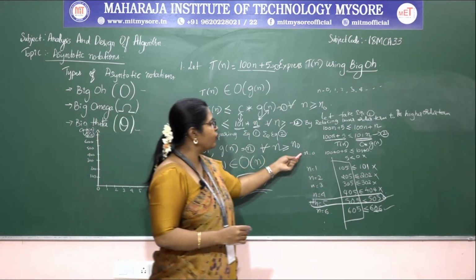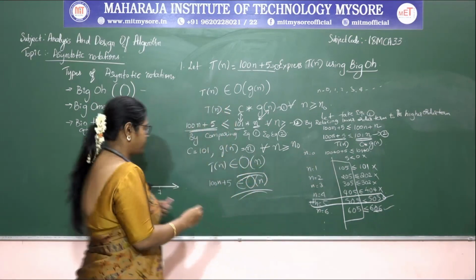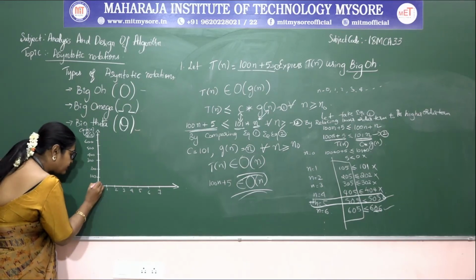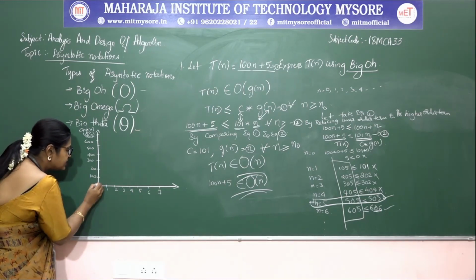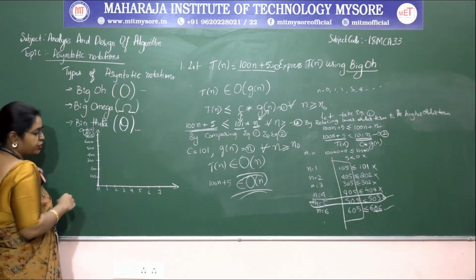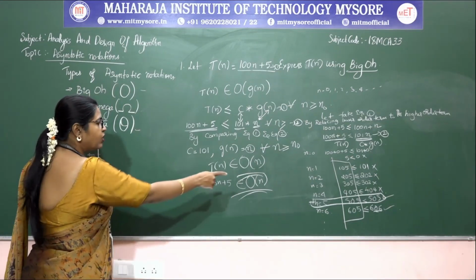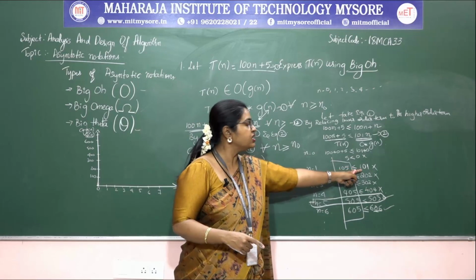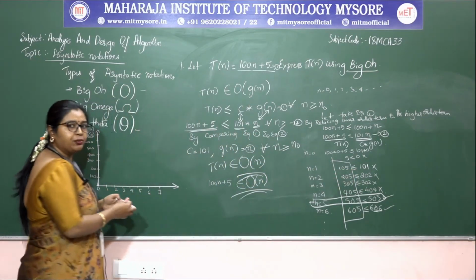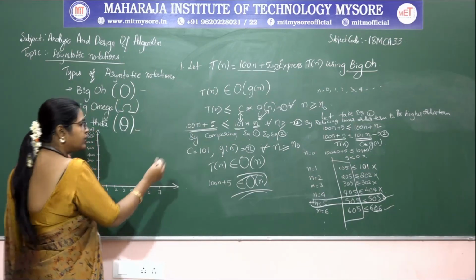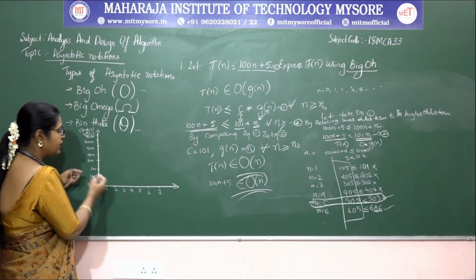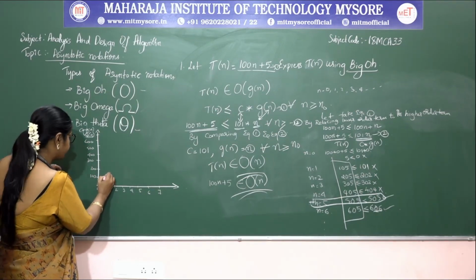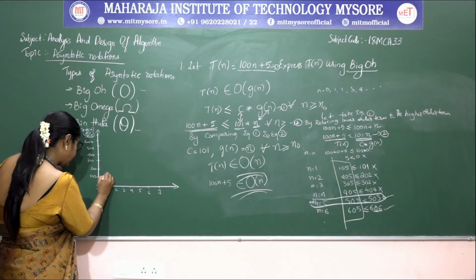First let me take your T of n values. When n is equal to 0, your value is 5, and your G of n is 0. When n is equal to 1, your value is 105, and C into G of n is 101. So first let me draw fully the T of n. When n is equal to 1, the curve is 105, above this point.